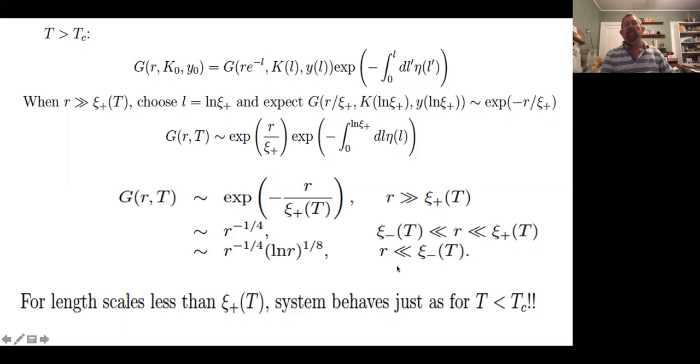And if R is smaller than ξ+, but still large, this should behave like R to the minus a quarter times log R to the 1/8. In other words, for length scales less than this correlation length, the system behaves just as if it was below Tc.